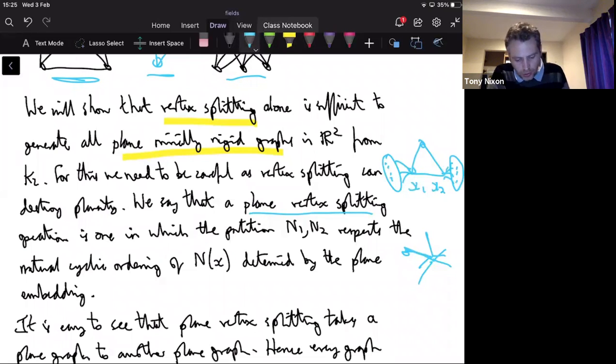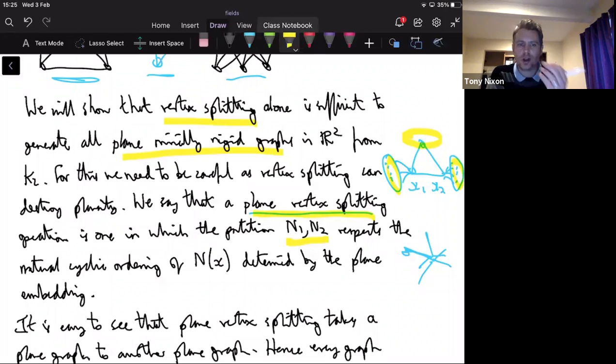Okay, so I just need to augment the definition of vertex splitting to what I call plane vertex splitting, which means exactly what I've just tried to say. The partition of N1 and N2 respects the natural cyclic ordering of the neighbor set determined by the plane embedding of the smaller graph.